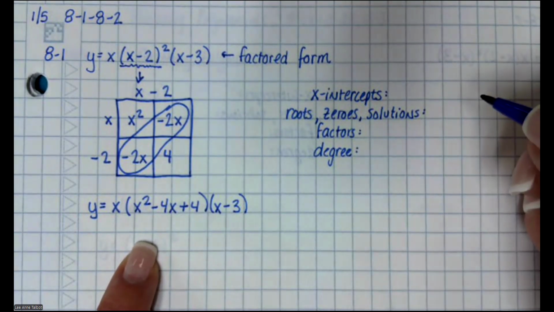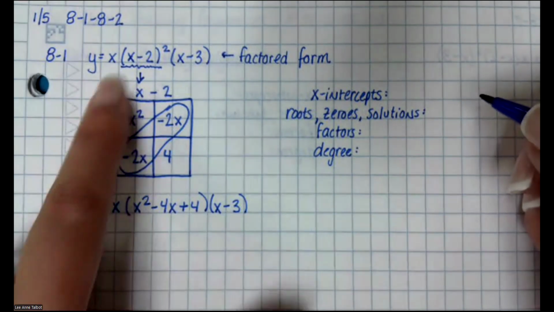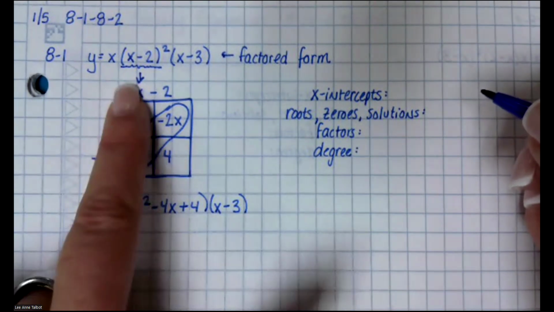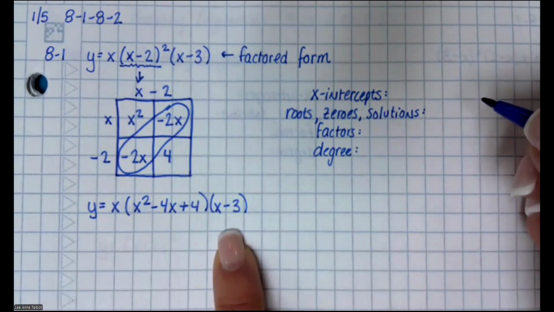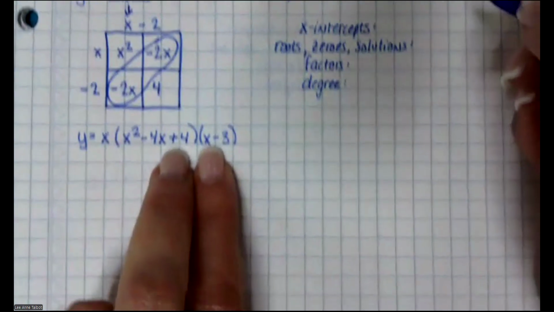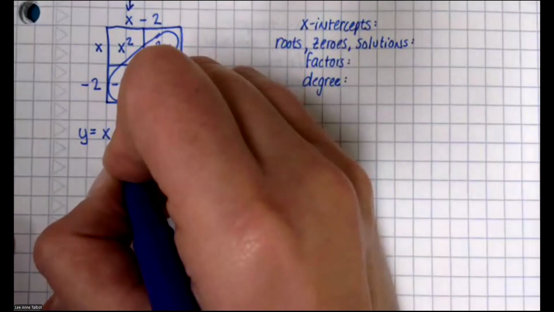Did you guys follow what I did? So x is here. This bit is multiplied out here. And this went here. Okay, now I'm going to do a 2 by 3 box to multiply this part.